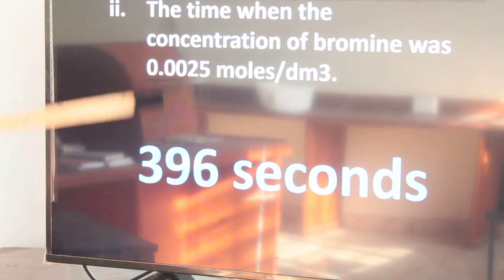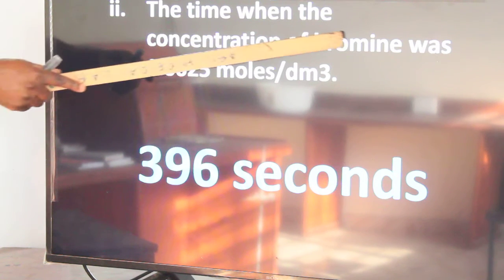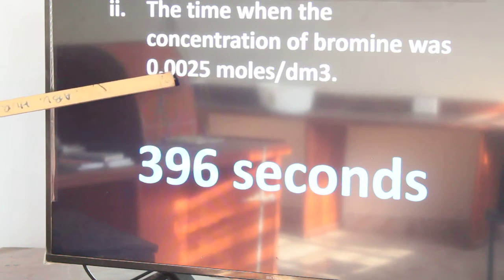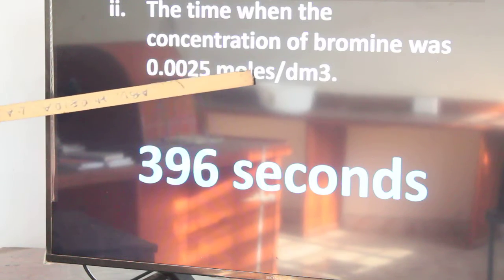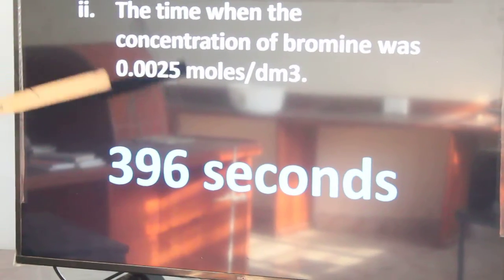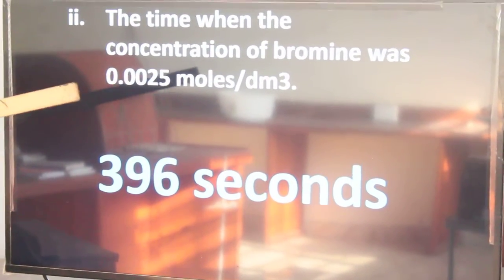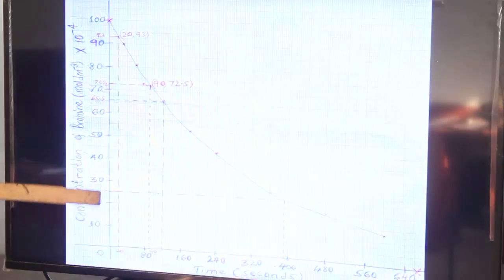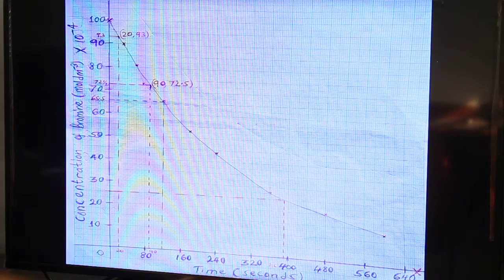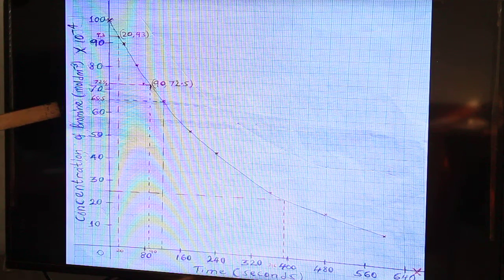Then Roman 2, the time when the concentration of bromine was 0.0025 moles per decimeter cubed. Now you go back to the graph and you check when the concentration is 0.0025.